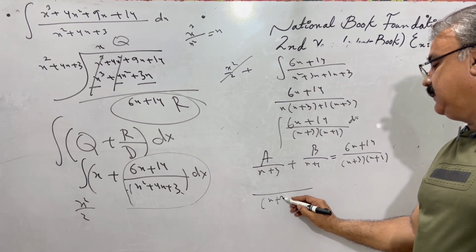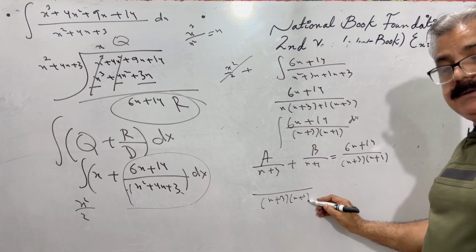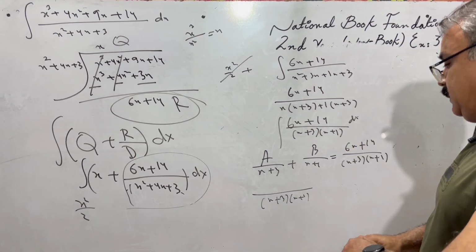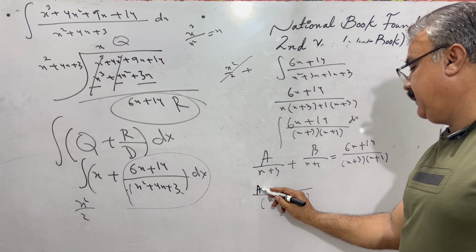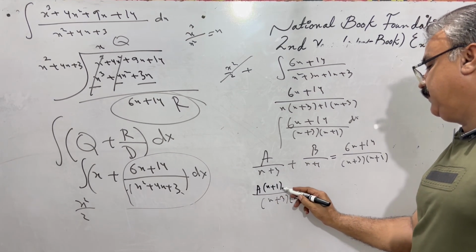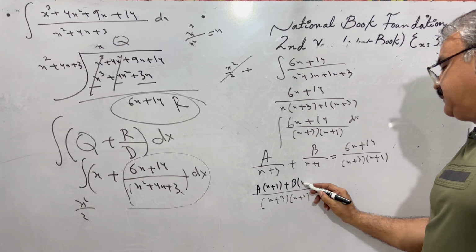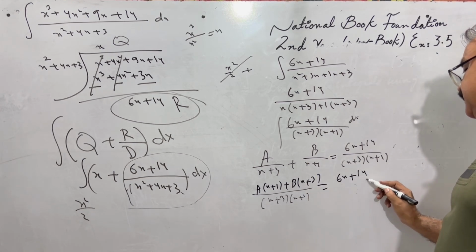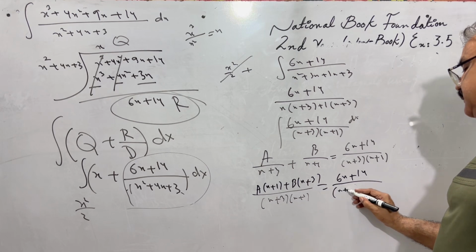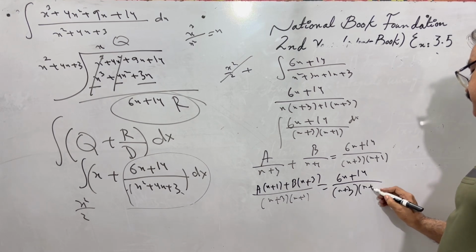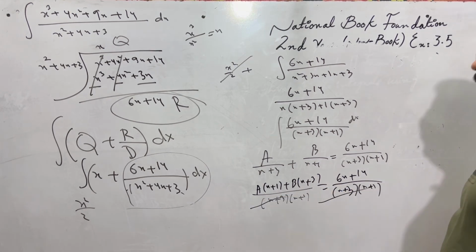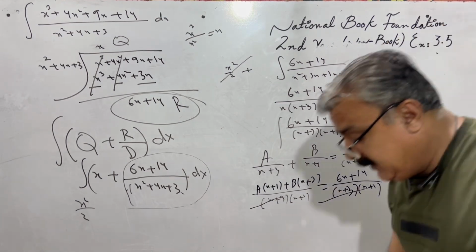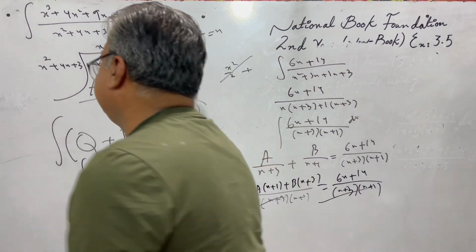It will become A times x plus 1 plus B times x plus 3, over x plus 3 and x plus 1, cancelled out.